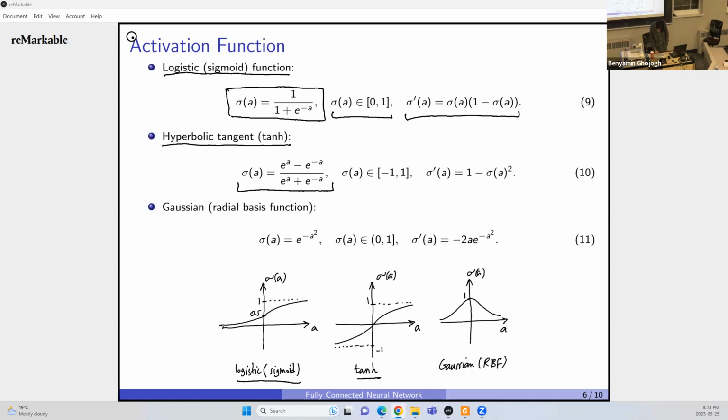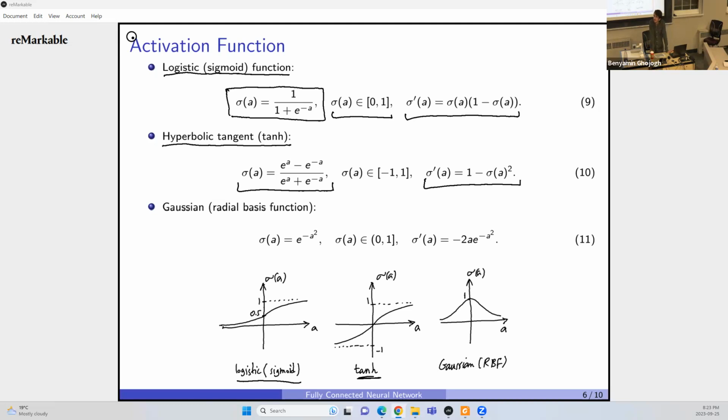Here it is, I've drawn it, and its derivative is this. If you simply take the derivative with respect to a, you will find that it is equivalent to 1 minus the function squared. So the derivative of the hyperbolic tangent becomes 1 minus itself to the power of 2.